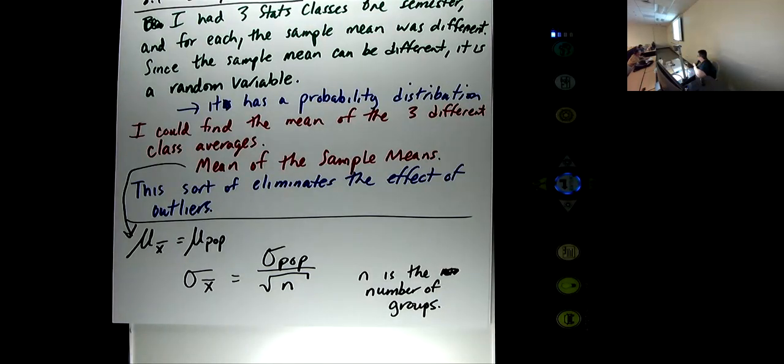Not the number that's in each group, but the number of groups. So we could have like 10,000 people in each group, but if we're only looking at 25 groups, n is 25. Doesn't matter how many people are in each group, it's just the number of groups here.